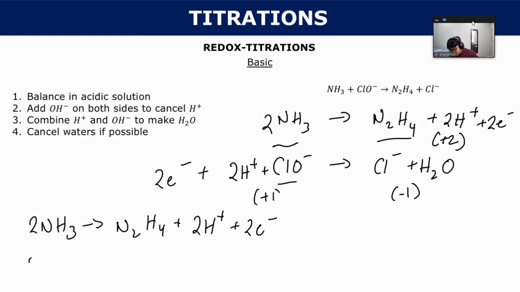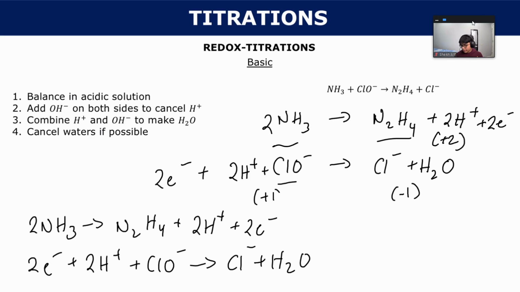And then we're going to have 2 electrons plus 2H plus ClO minus produces Cl minus plus H2O. We know that we're going to have to cancel out the electrons, and so we can just do that before combining them. And now we can combine it.